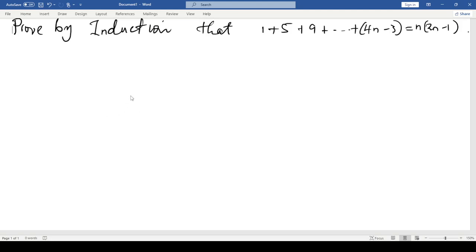So here we just go straight because we've been given what to work with already on the left hand side, so there's no need for us to start looking for terms there.